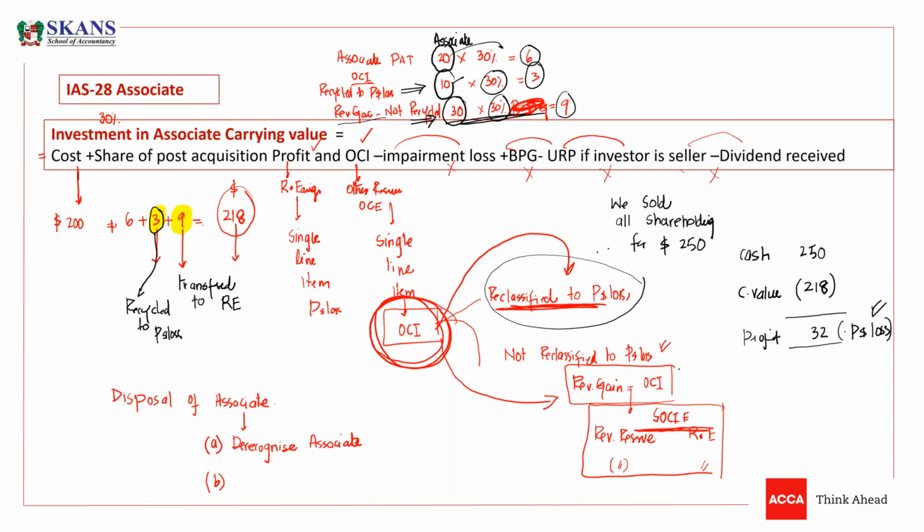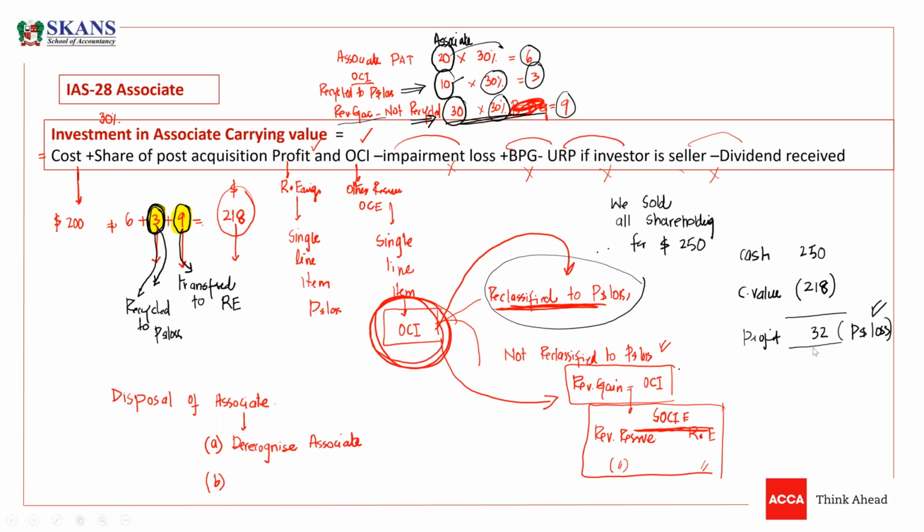But other than this P&L, we need to do these two extra treatments: we need to transfer this to retained earnings and we have to recycle this to P&L. Am I clear, everyone? Is that okay?